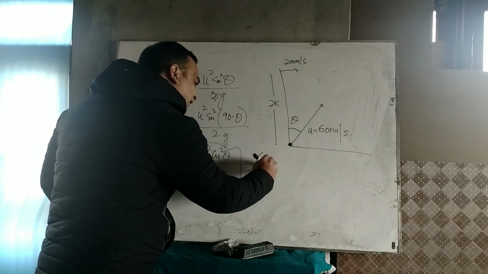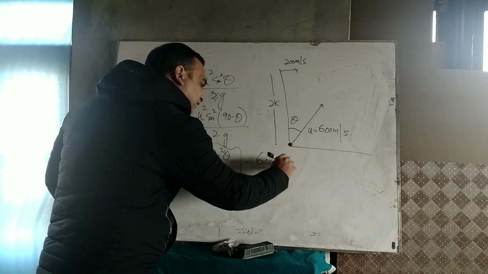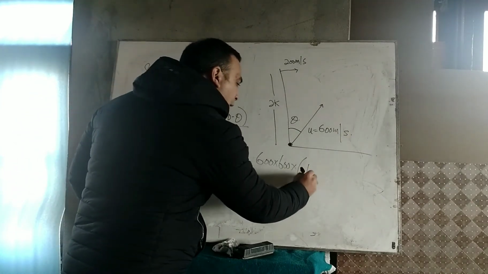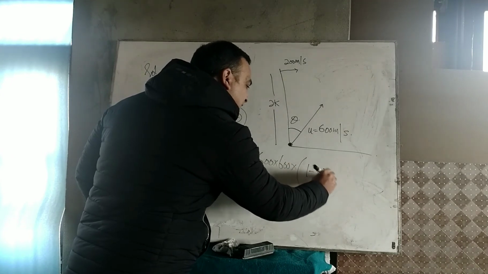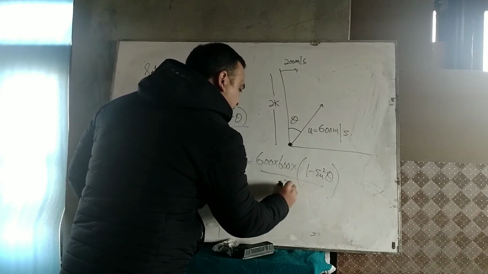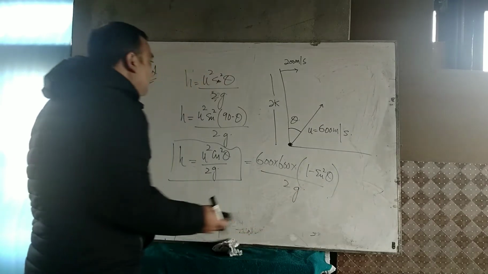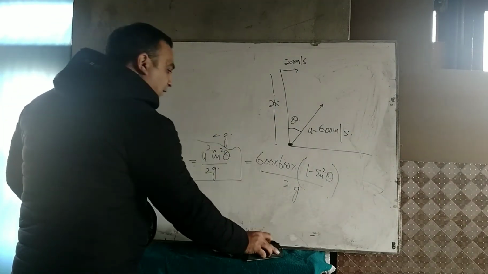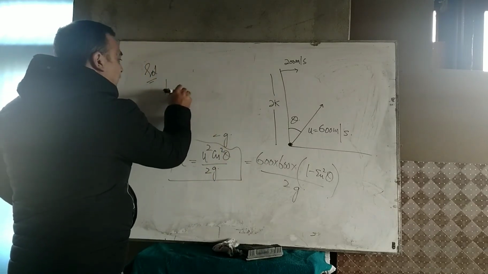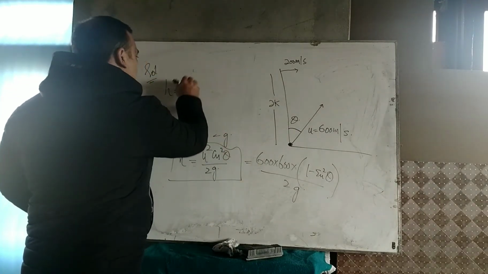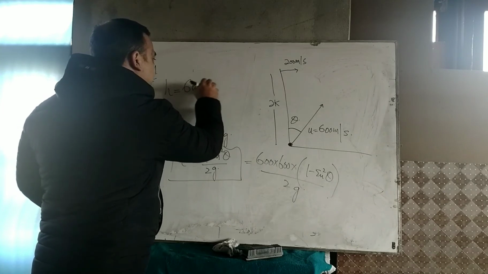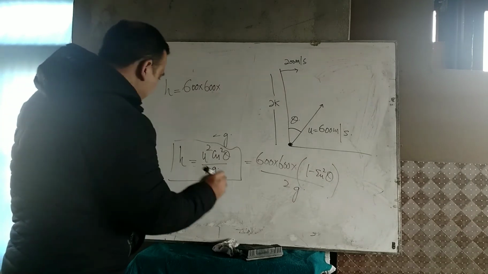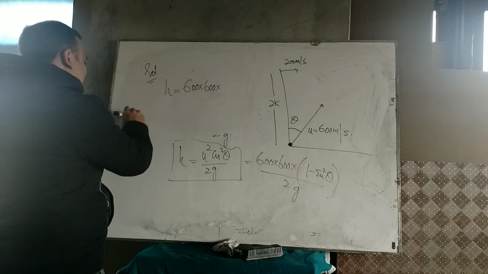Now we can put the values here. u is 600 into 600. Cos square theta is 1 minus sine square theta, divided by 2g. So h will be equal to 600 into 600 into 1 minus sine square theta. We have already got that sine theta is 1 by 3.